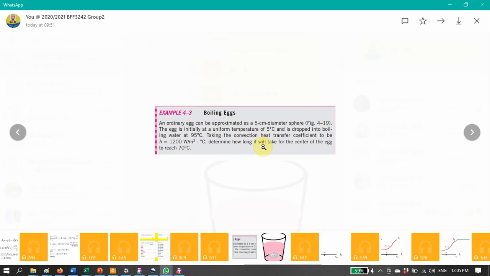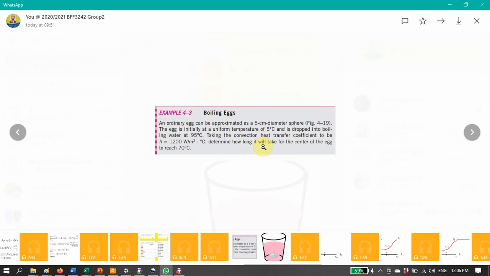So if you look at this lumped system or this one-term approximation method for the transient conduction heat transfer system, the surface is exposed to the fluid temperature with a constant heat transfer coefficient and fluid temperature.